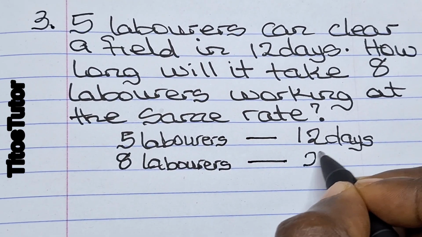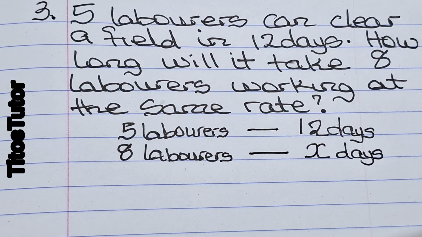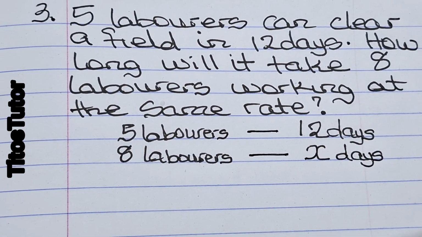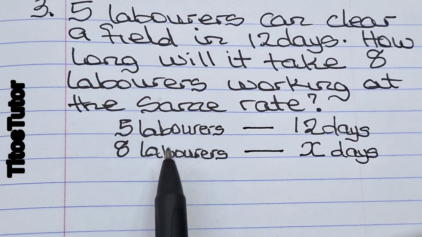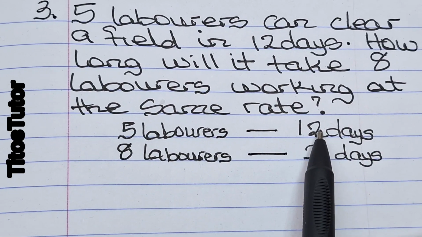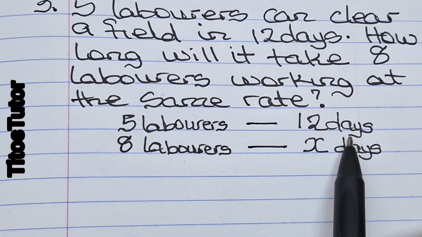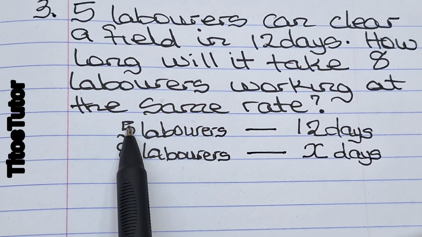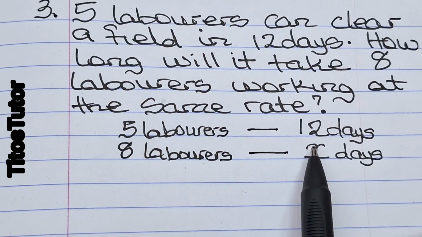We do it in X days because that's what I'm looking for. I decide to put it as X. So we have arranged 5 laborers, 12 days, 8 laborers, X days, laborers under laborers, days under days. So it is same proportion equal to same proportion.